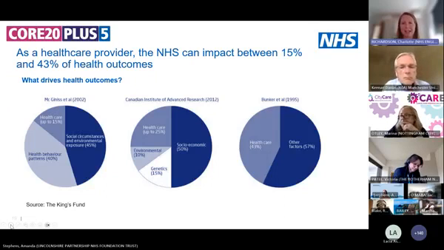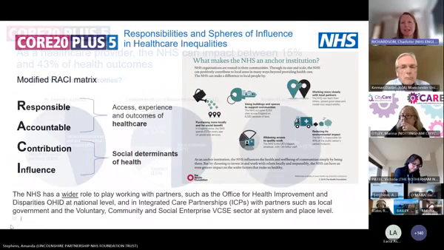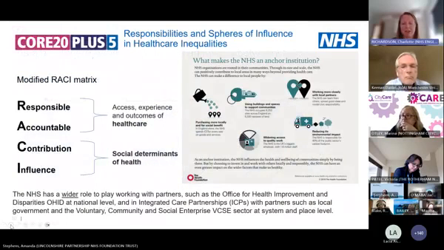On the next slide is a framework for approaching this, because I think it can feel a bit demoralising. But the director of our team, Bola Awalabi, approaches it in this way, thinking about what our responsibilities are and what we can influence. So healthcare is our responsibility, and we are accountable for tackling inequalities in healthcare, but we can still make a contribution and an influence to the social determinants of health, whilst they might ultimately be the responsibility of other organisations.